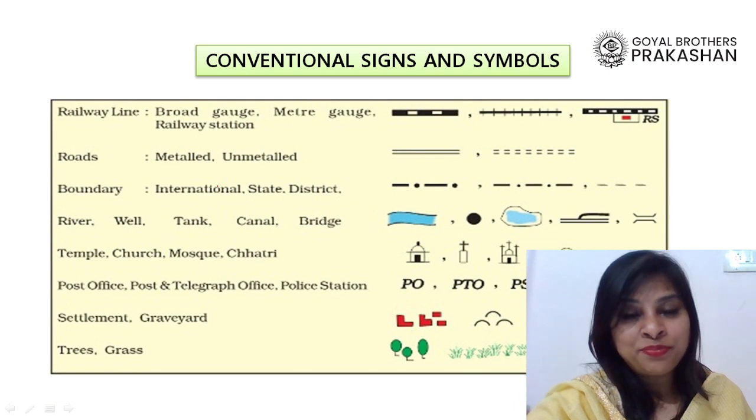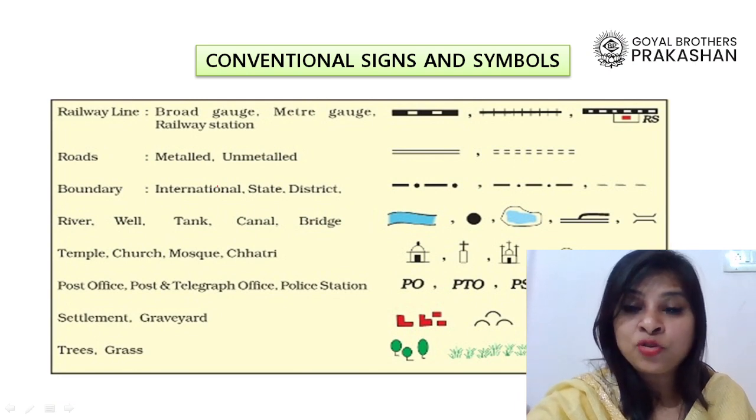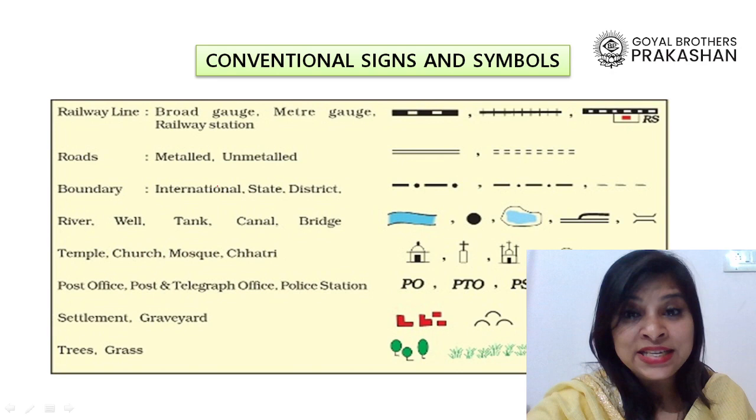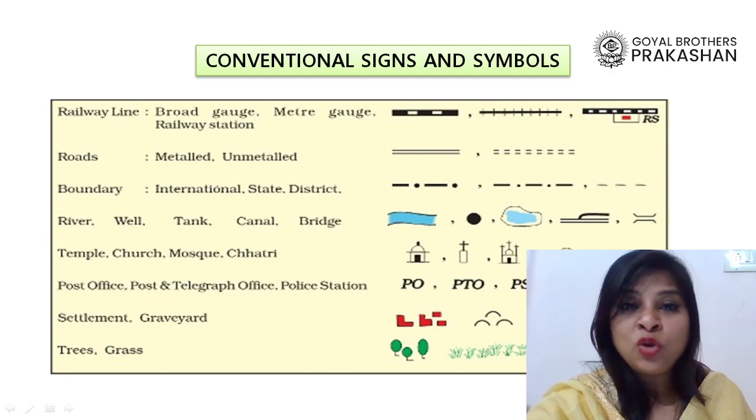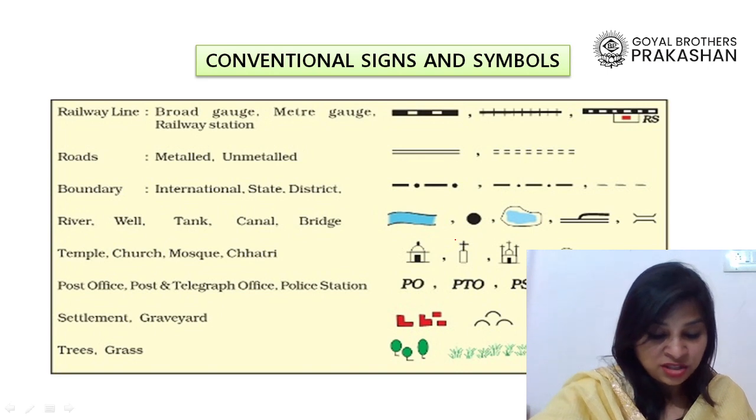Conventional signs and symbols. When you see a topographical map, you will find that many symbols are made or drawn over there. You will find these type of symbols. Now these symbols will help you to recognize what it is or which place is that. Like if it is written PO, that means it is a post office. Or suppose if you find this feature, that means it will tell you that this is a church over there.